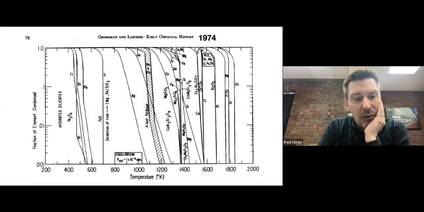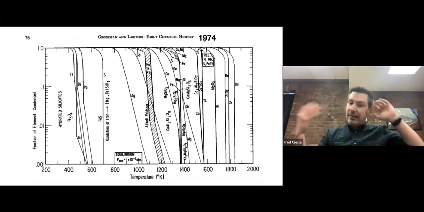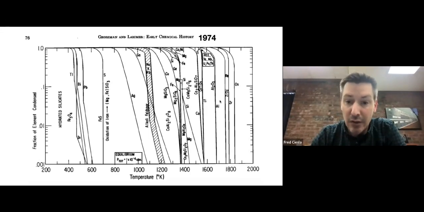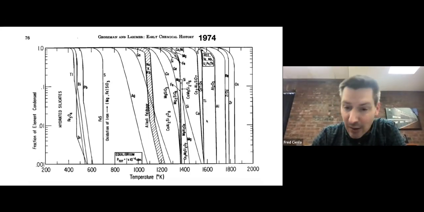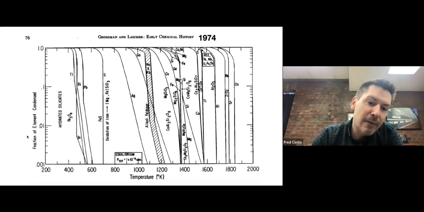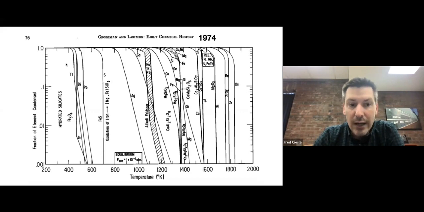This is so well used in the literature, or popular, I should say. This is a plot from Grossman and Larimer in 1974, doing exactly that calculation that I talked about earlier, now showing you a bunch more elements, showing you the temperature on the x-axis here and the fraction of a given element that's condensed on the y-axis.